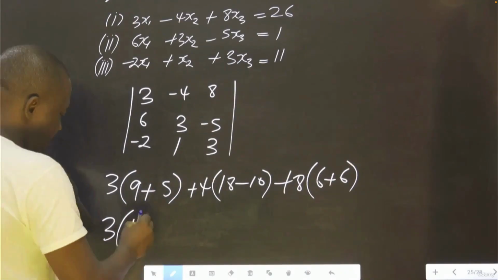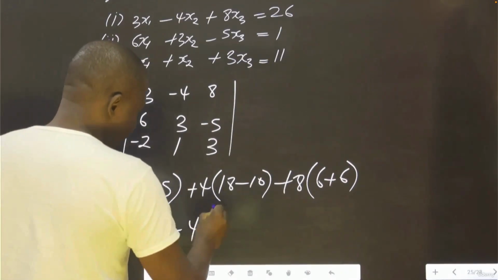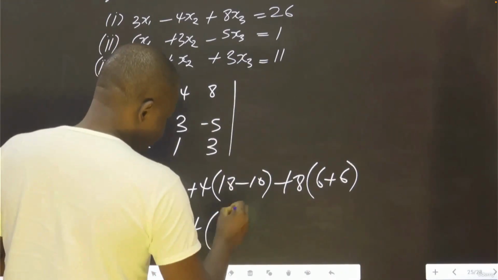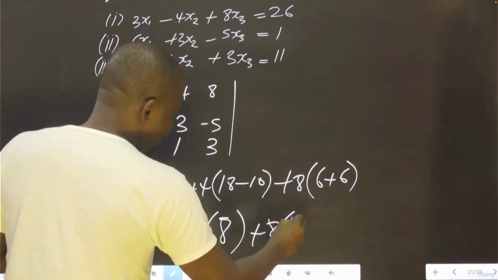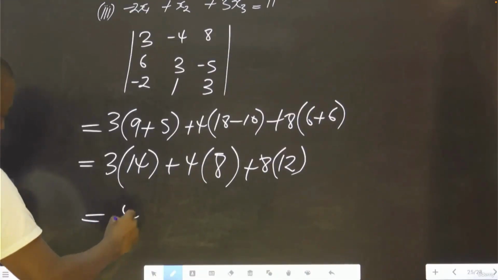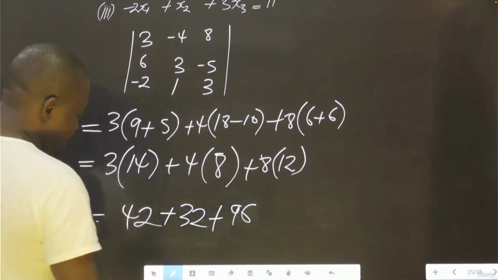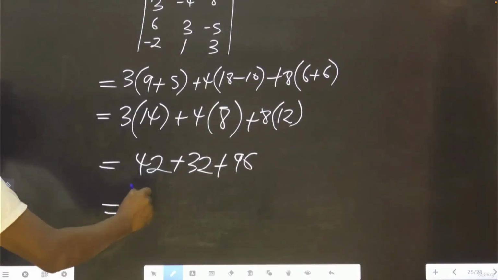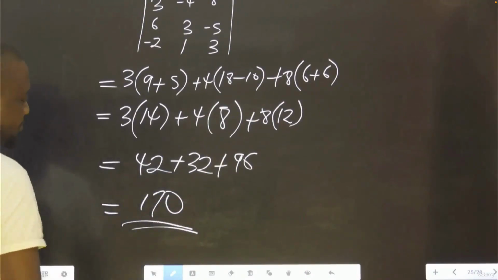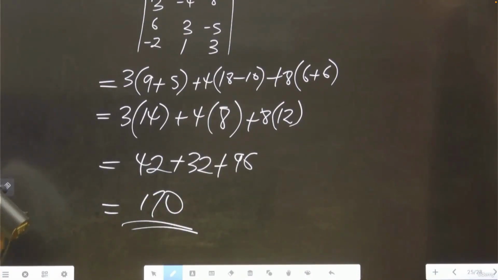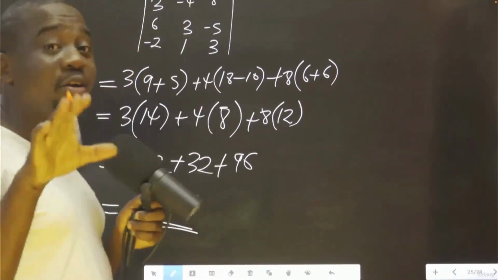This and this will give us 14. This will give us 8. This will give us 12. That is 42, 32, 96. Okay? That is what? 170. This is going to be the denominator for all of them.